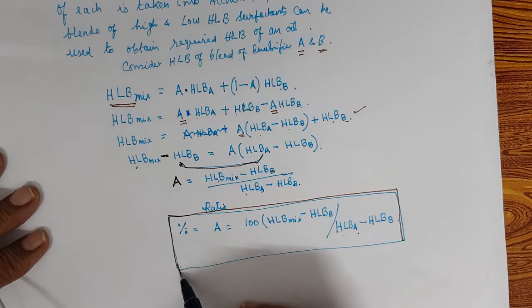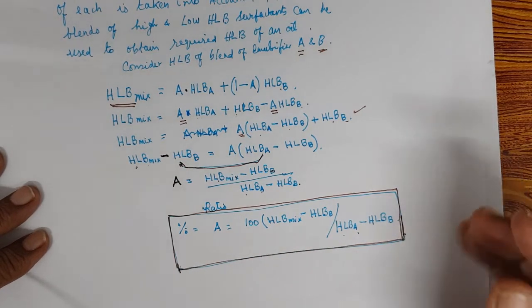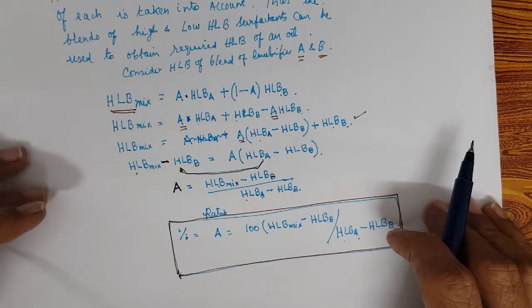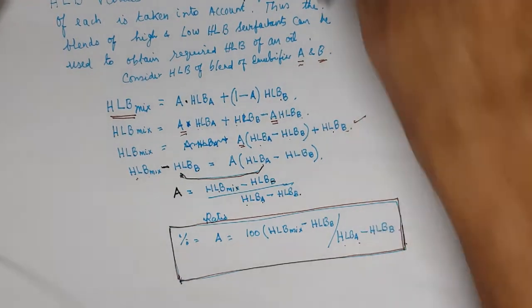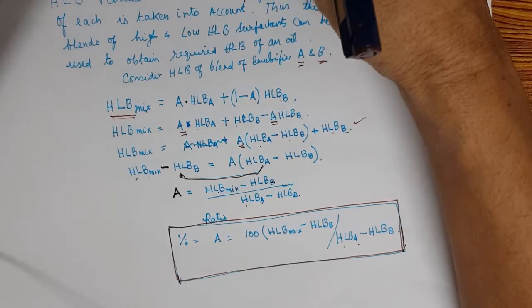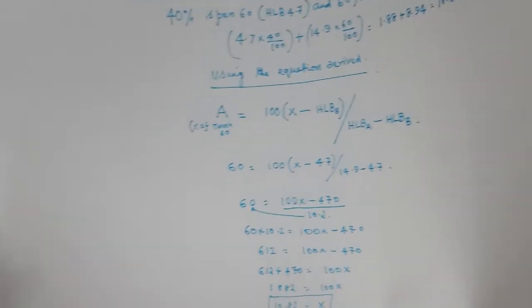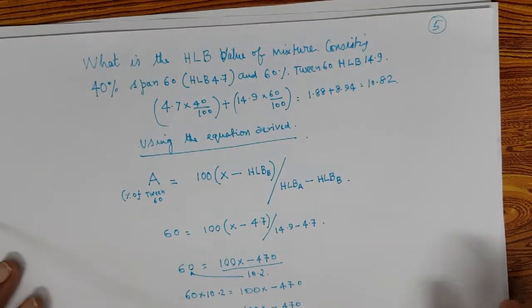So this equation we can use to calculate some of the HLB requirements. Whatever things I am going to discuss are only the problems which we have arrived at. Now, simple calculation, right?